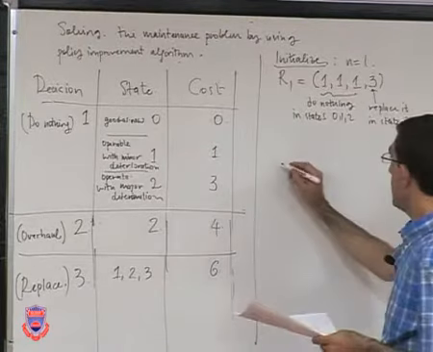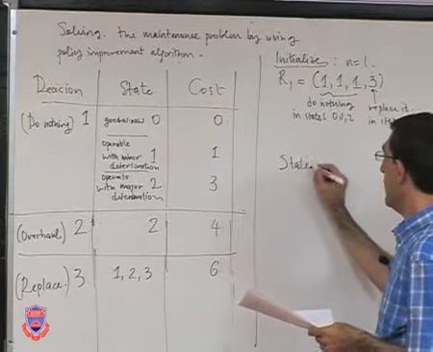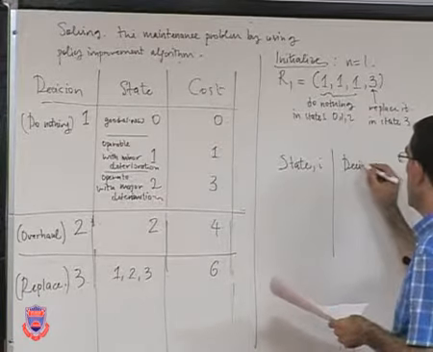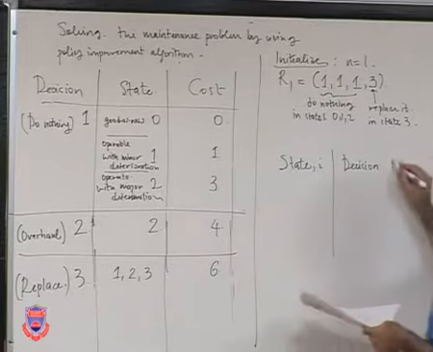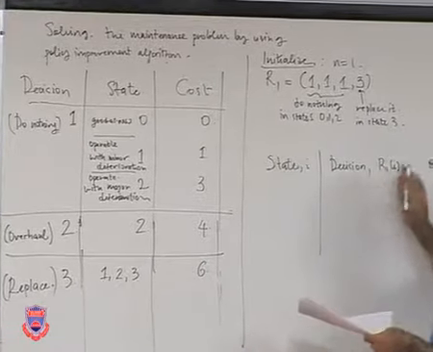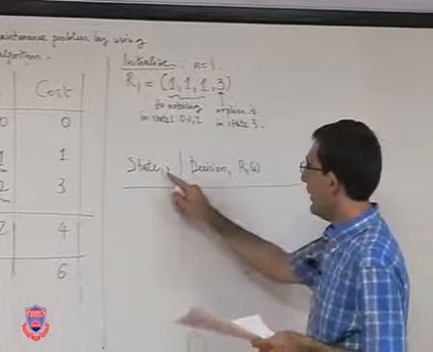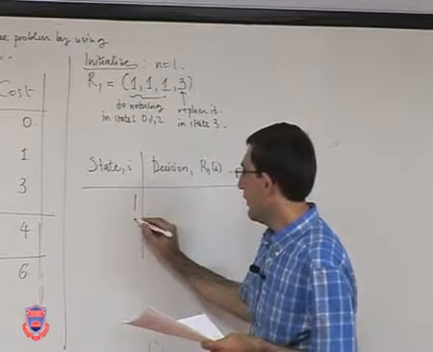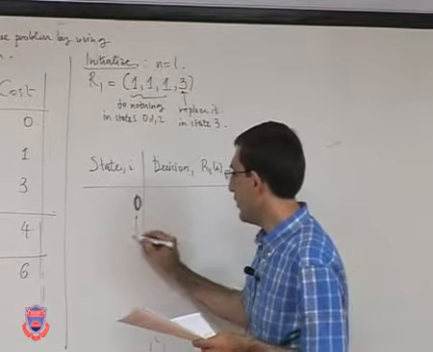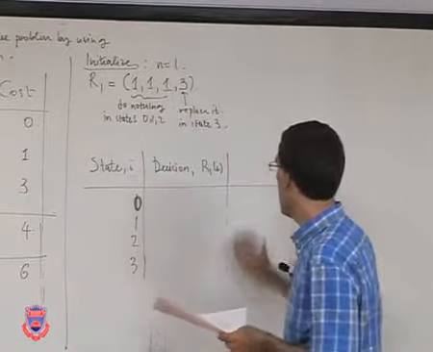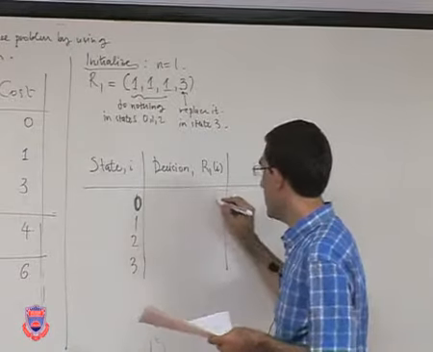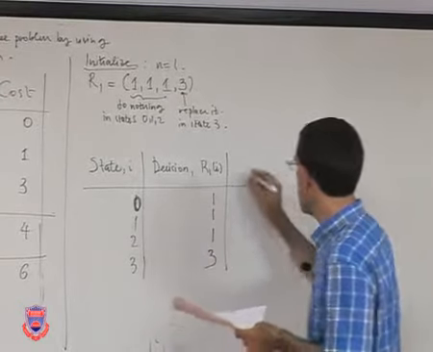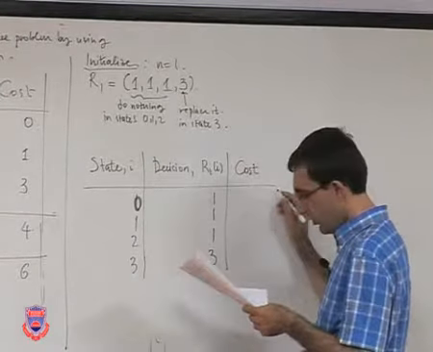And let me just summarize what the costs and decisions and all relevant or important information that we will need to use in the next step about this policy R1. Okay? So for each state 0, 1, 2, or 3, under this policy R1 we make decisions respectively do nothing, do nothing, do nothing, and replace, and most importantly the costs.